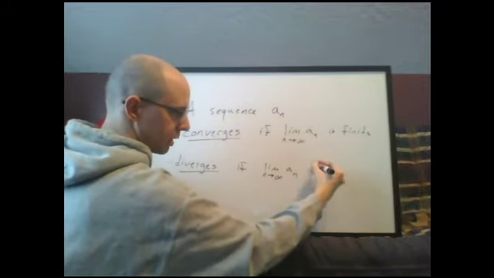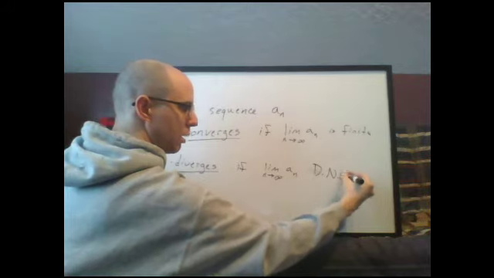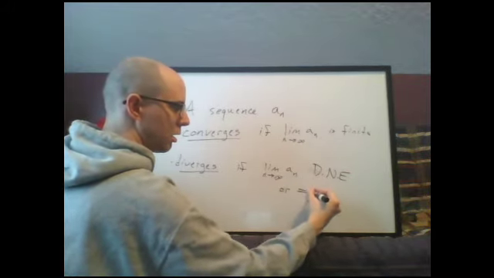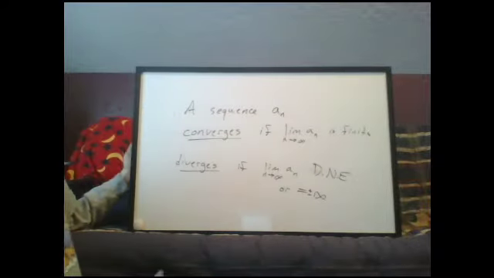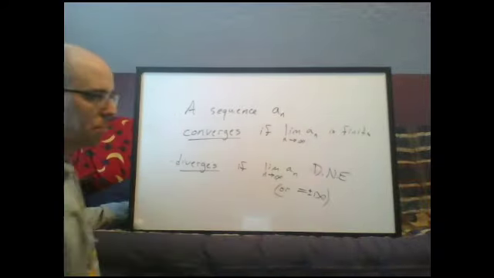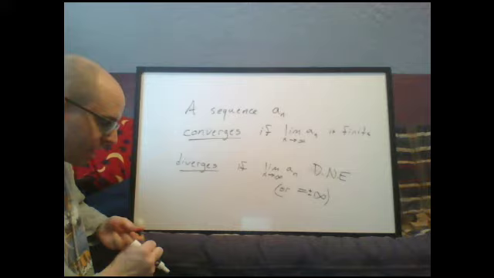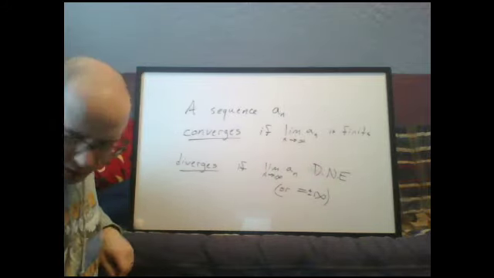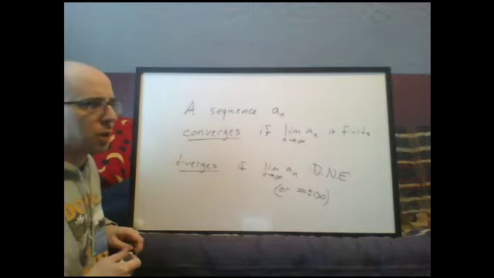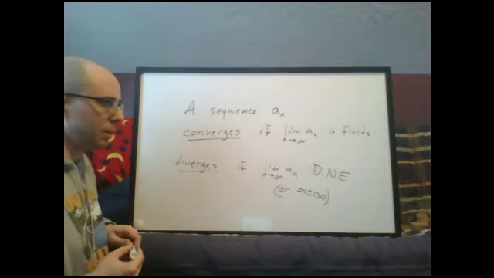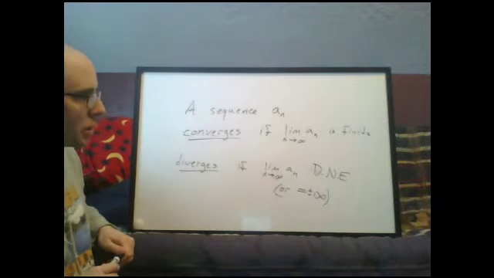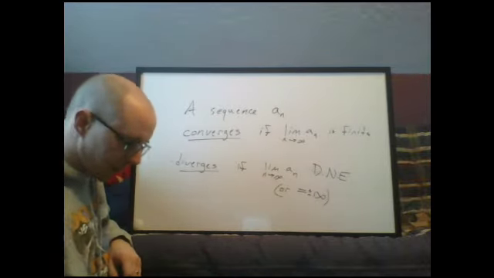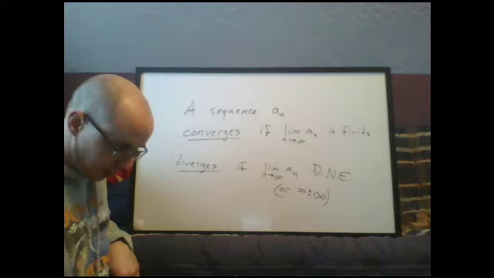So it does not exist. Or that includes plus or minus infinity. So if it's infinite, that technically does not exist, but it's a special kind of not existing. So this is similar to back when we talked about improper integrals. Convergent if the thing had a finite answer, divergent if it didn't. All right.